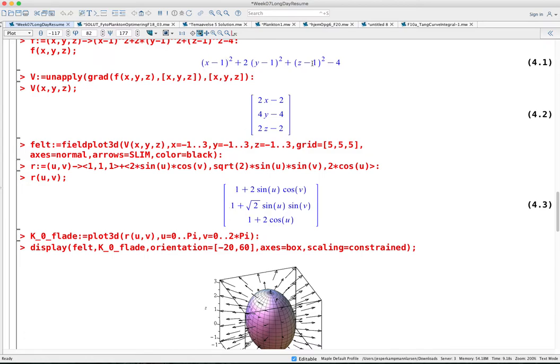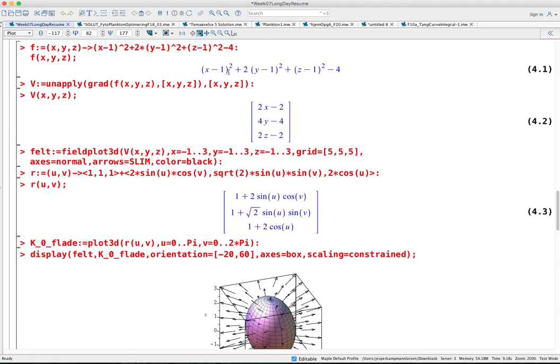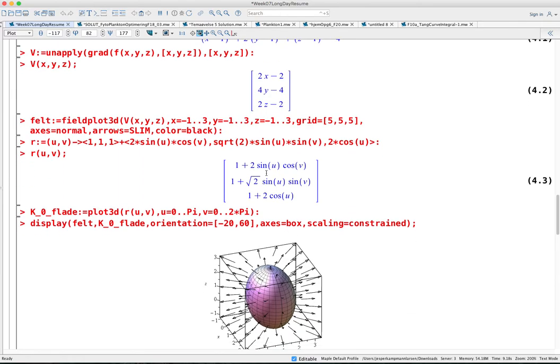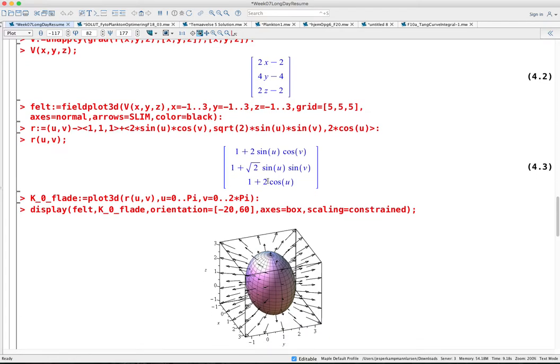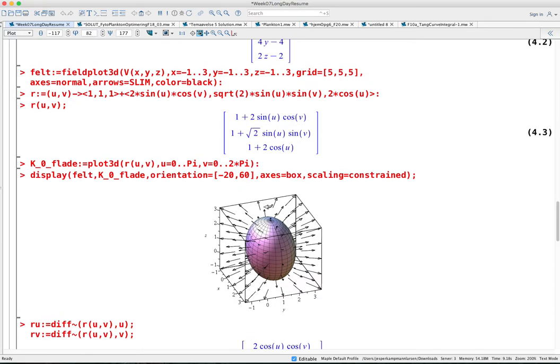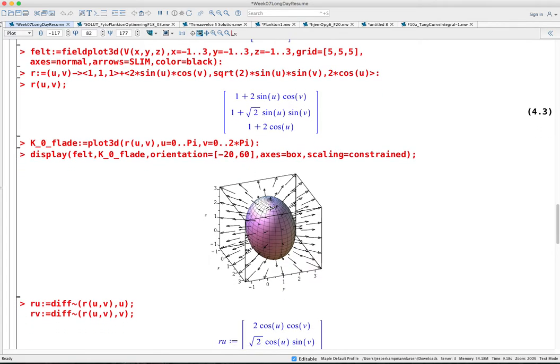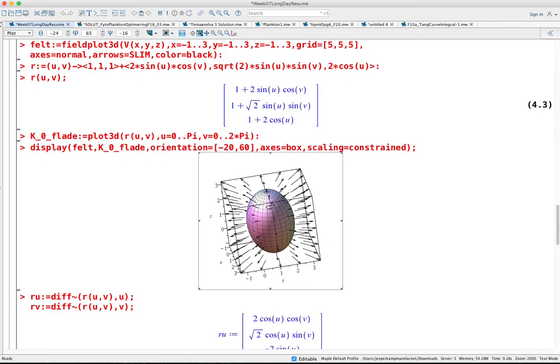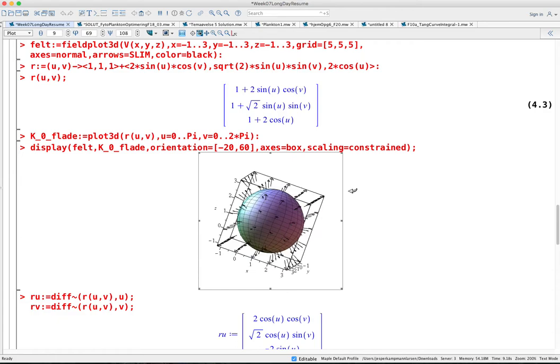You can see this from this expression up here, and then you have the semi-axis in the 3 directions, 2, square root of 2, and 2, and apart from that it is spherical coordinates here, and so this will actually be a parametric representation of the surface.